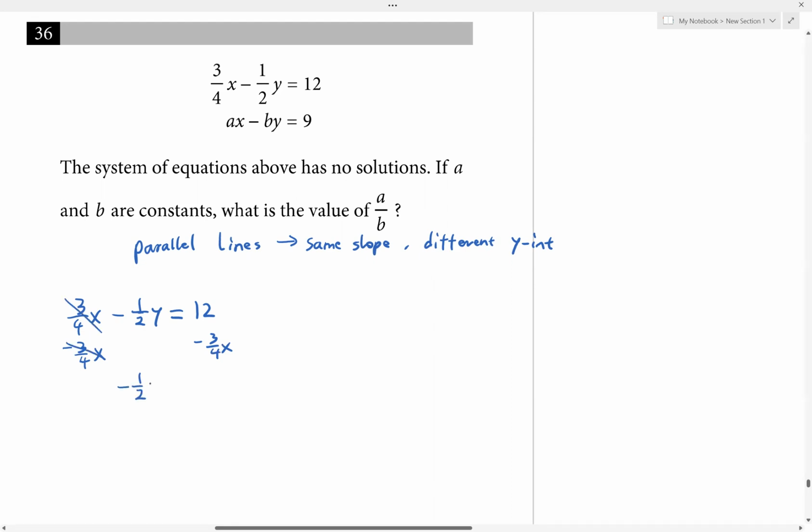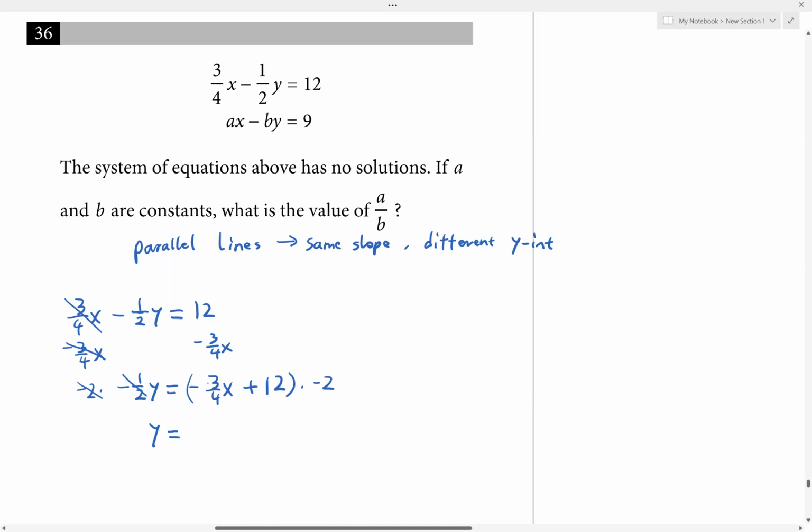So we have negative 1/2 y equal to negative 3 over 4x plus 12. And to solve for y, we need to get rid of negative 1/2. So we can multiply by negative 2 on both sides. Negative 2 and negative 1/2 are reciprocals, so it'll just be positive 1 when we multiply. We have to multiply by negative 2 on the right then.